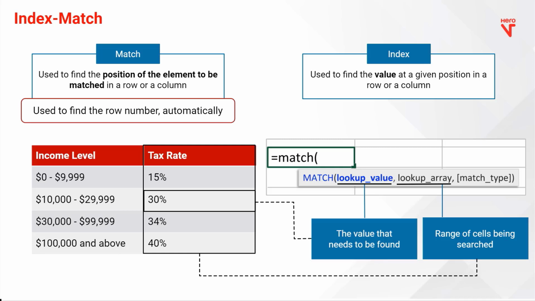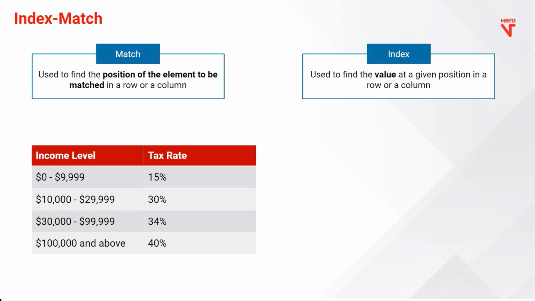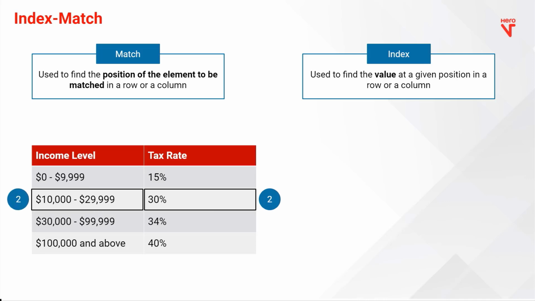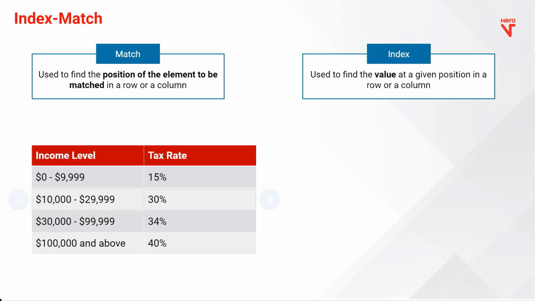Now that we have automated the process of finding the row number corresponding to tax rate, you can see that the income level is aligned with the tax rate. So if tax rate of 30% is in the second row, then the income level corresponding to 30% is also in the second row. Now we can use the index function to automate the process of finding the value at row number 2 in the column income level.